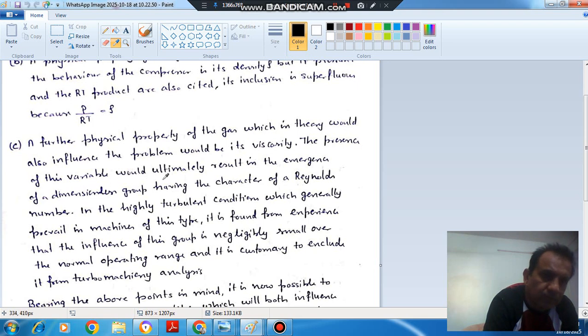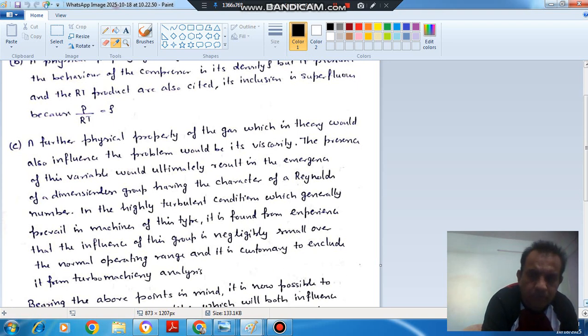The presence of this variable would ultimately result in the emergence of a dimensionless group, having the character of Reynolds number. In the highly turbulent condition which generally prevails in machines of this type, it is found from experience that the influence of this group is negligibly small over the normal operating range, and it is customary to exclude it from turbomachinery analysis.